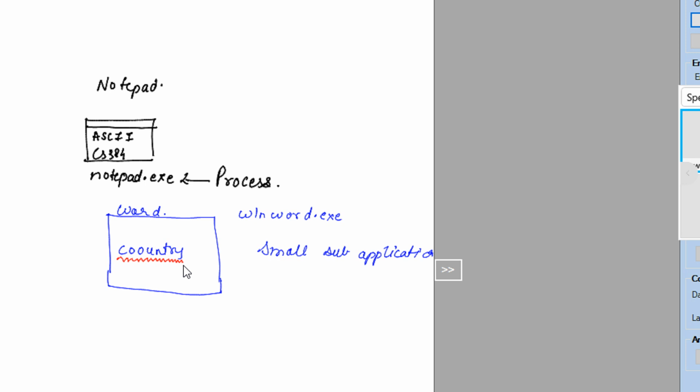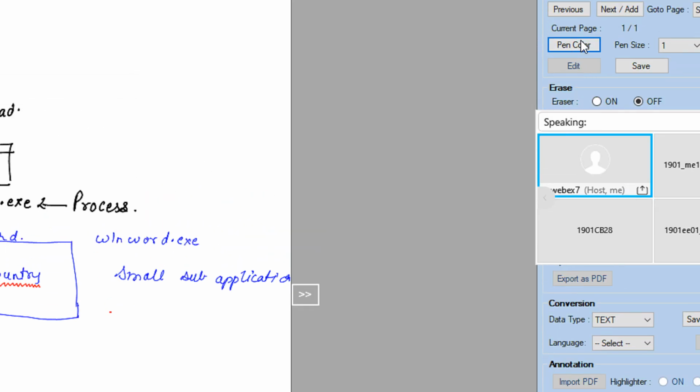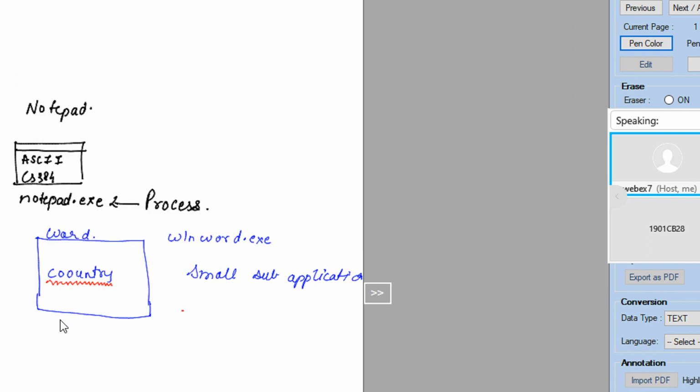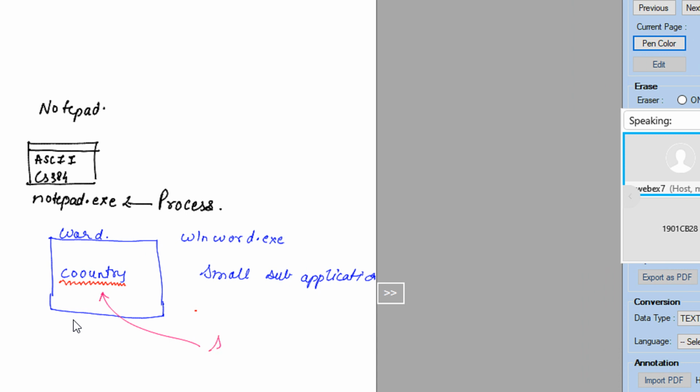So now what happens? This is basically the spell check. Let me change the pen color. So this basically is the output of a spell checker. There is some spell checker that is doing this. Now, if you see in the Microsoft execution files, there is no separate standalone one.